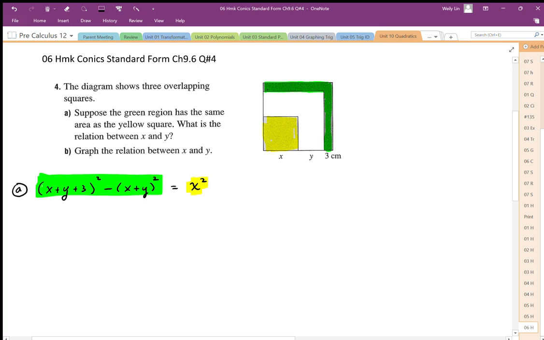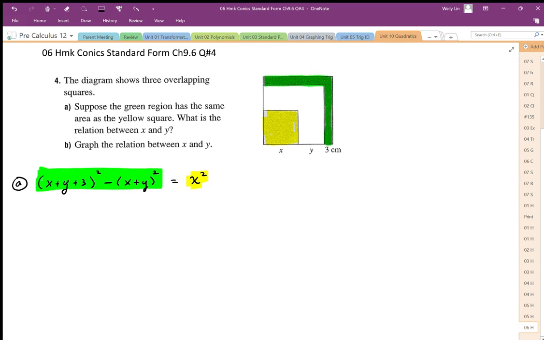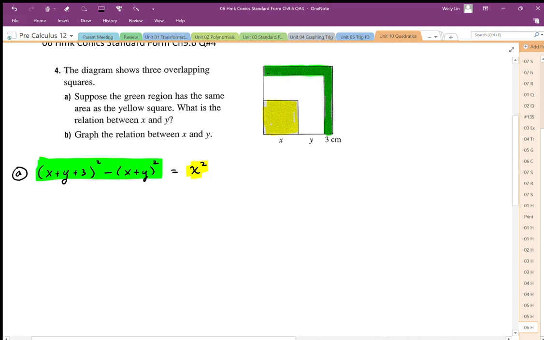What we should do after this, though, is expand this out and simplify this expression. So when we expand this out, I'm going to distribute this. I'm going to end up with, distribute the x first, so x squared plus xy plus 3x, plus, distribute the y this time.